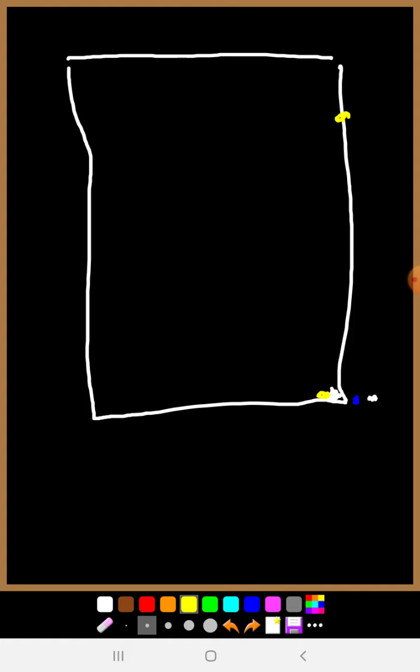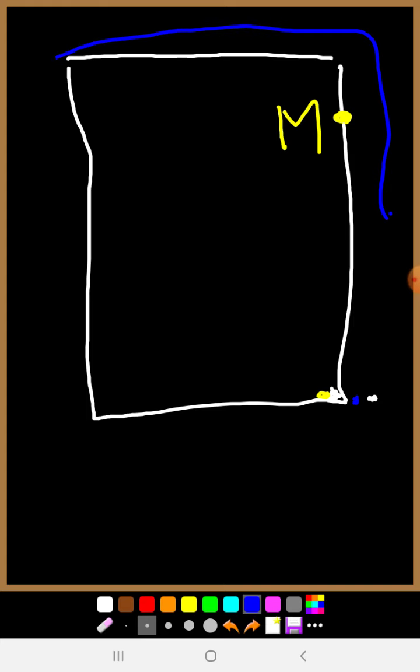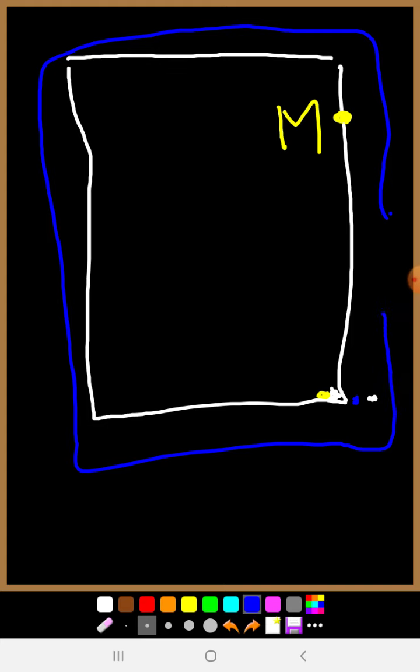Let's just say here. And this will be M. So basically, our problem is, after the second runner goes all around and comes back, we just want to know what will be this distance.